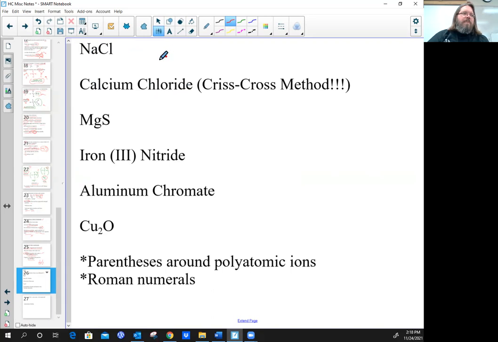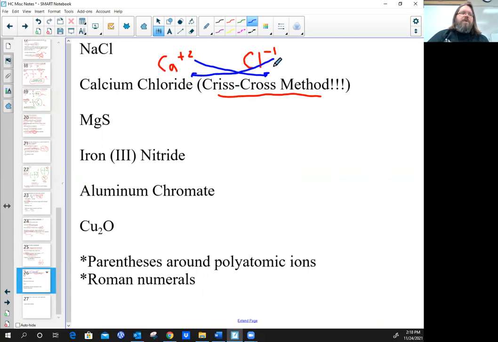So I'm going to take Ca, and that's +2, okay? And then chloride is -1. Now, when I say crisscross method, what do I mean by that? When we're writing these formulas for ionic compounds, the charge will give you the key to the subscript for the opposite element.